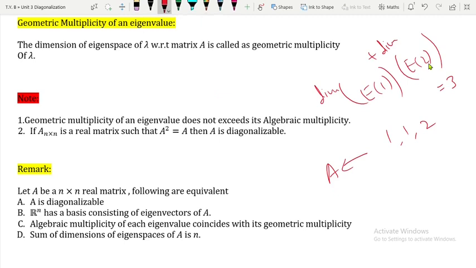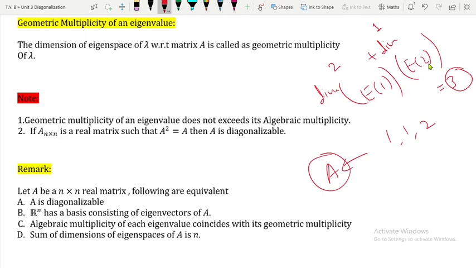So the dimension of E of 2 will be at least 1, and the dimension of E of 1 will be at least 1. If the dimension of E of 2 is 1, then in order to say that A is diagonalizable, the dimension of E of 1 should be 2, because I want the sum to be equal to 3. I hope you are getting my point.